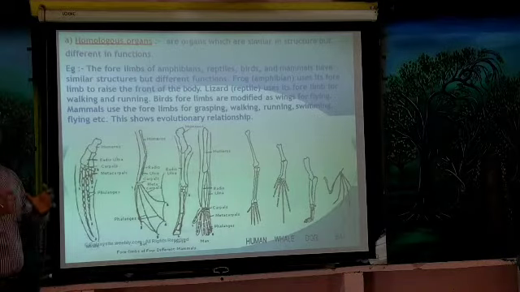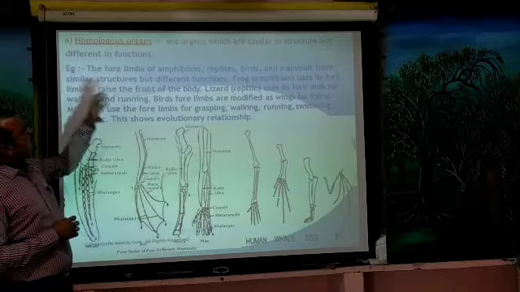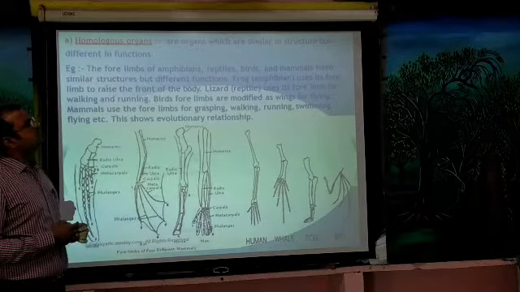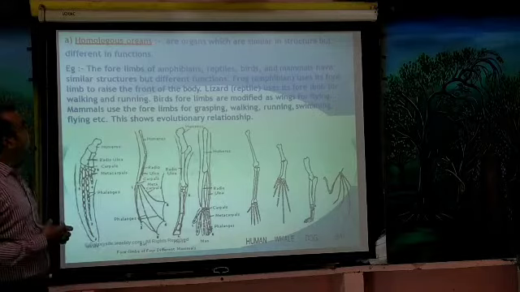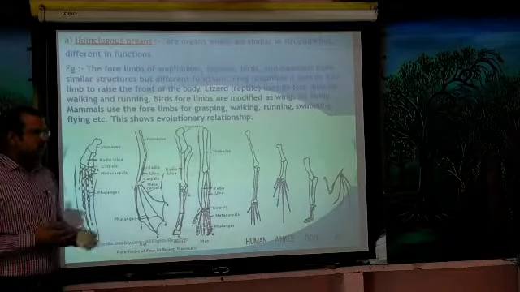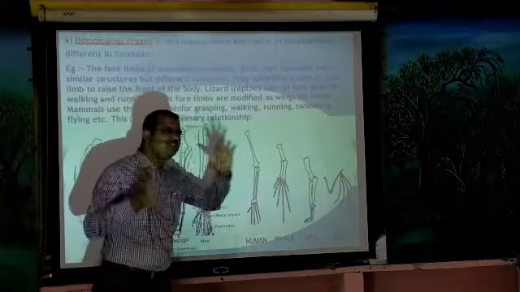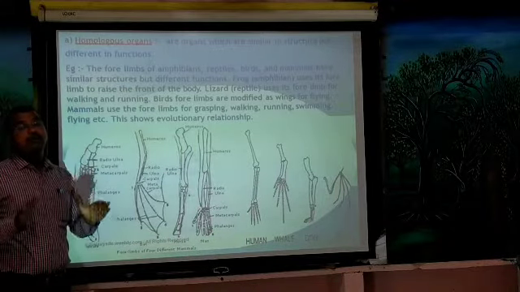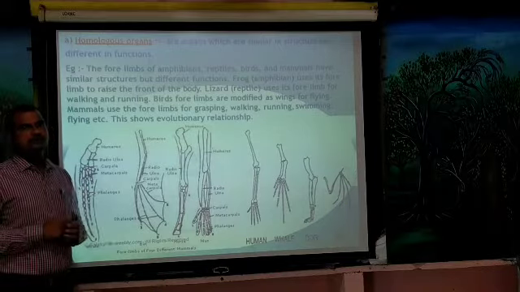And you just see again in the picture, what do you want to observe here? See, homologous organs are the organs which are similar in structure but different in functions. So observe here that they all have a similar internal structure, but they perform different kinds of functions.